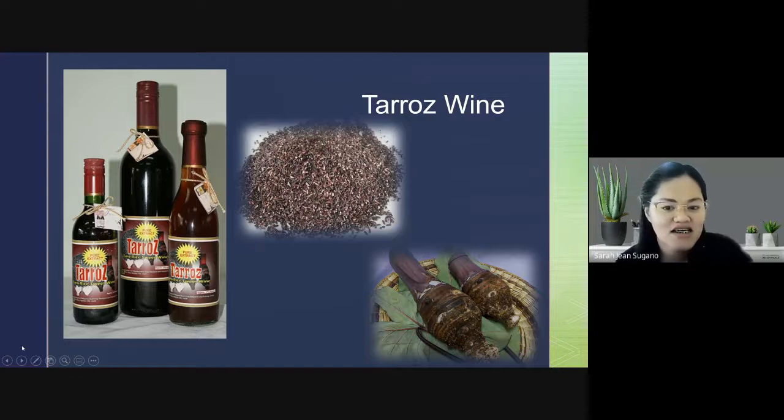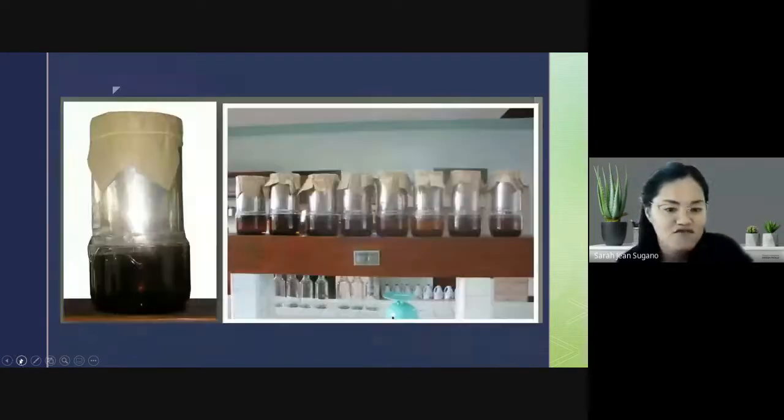That's the amazing twist here: when it is fermented by the microorganisms, the acridity of the VG9 is lost or disappears. That is what happens in taro wine.